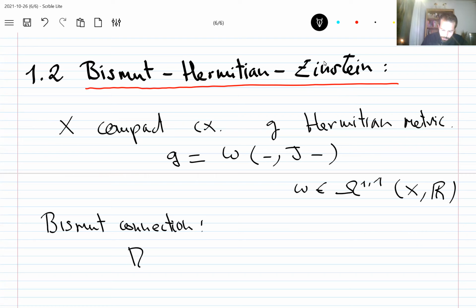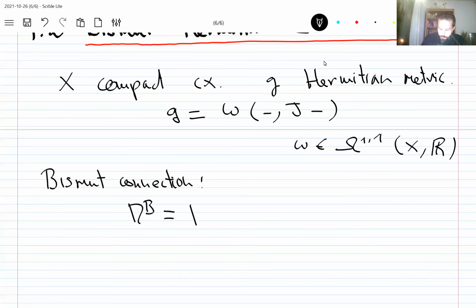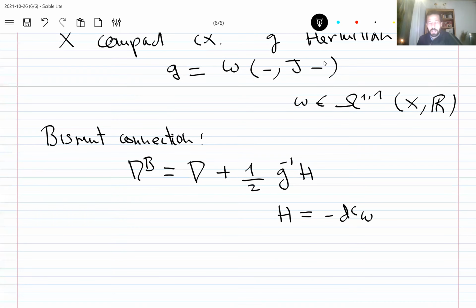Which is defined by taking the Levi-Civita connection plus a half of G minus H, where H is minus d^c omega. Okay, so this is a connection with totally skew-symmetric torsion.